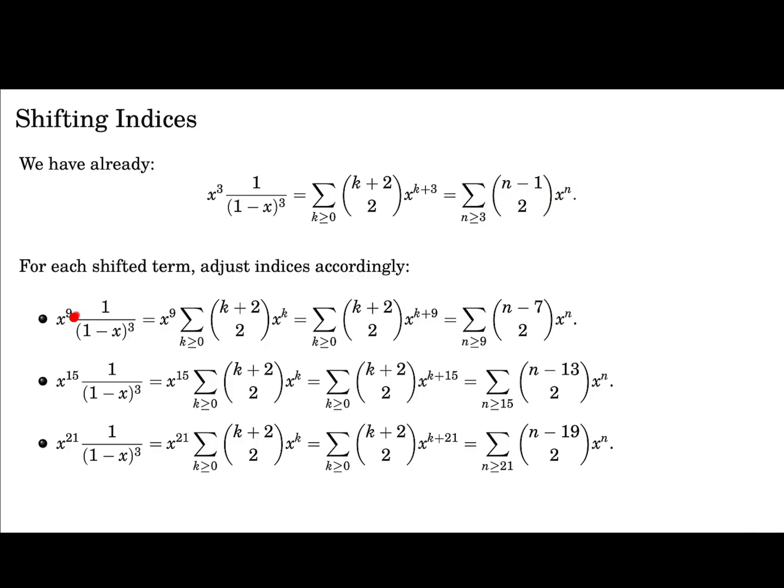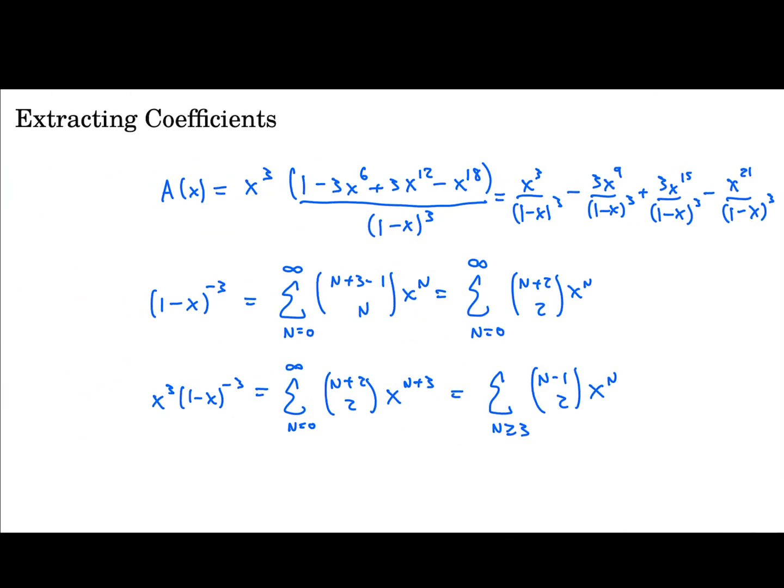Now when you do x to the 9, same, you get this formula: you shift by 9 and so you subtract 9 here, so plus 2 becomes a minus 7, and same for all of these.